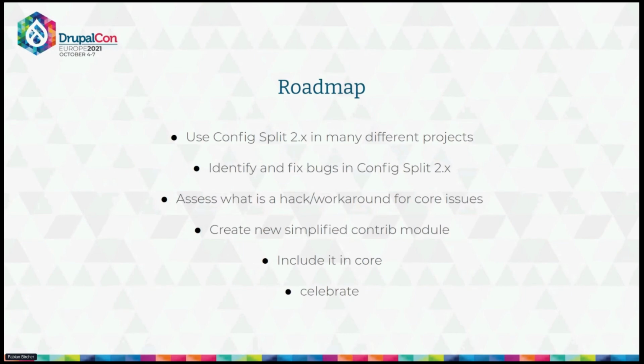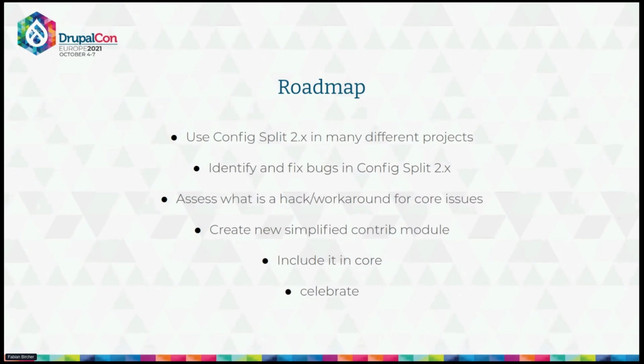The roadmap for config split 2 in core, so to say, or this config environment module, is to use config split 2, identify and fix all the bugs in config split so that it works. Then we need to assess what is kind of a hack or a workaround for core issues, like the sorting that I just said.